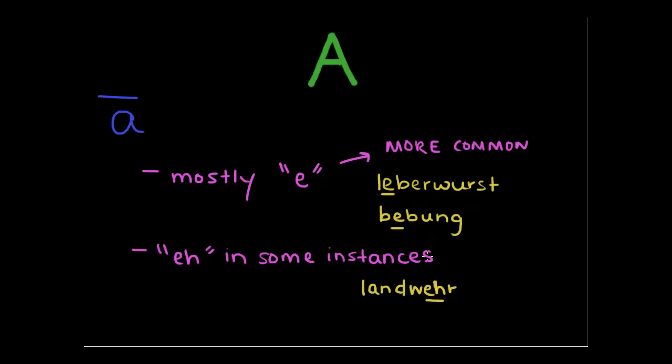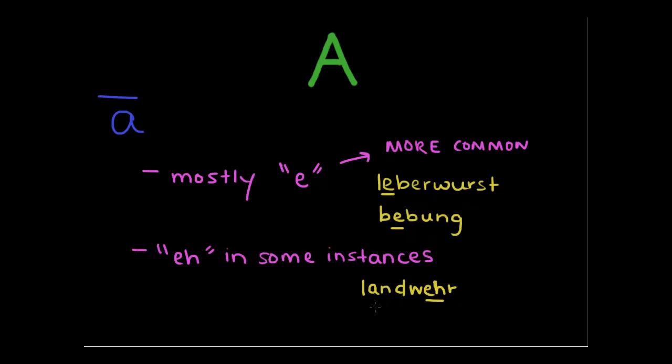Once you spend a lot of time with German words, you develop that sense of intuition if something looks right or wrong, and that's really helpful in trying to figure out if it's an E or an EH or other examples as well. That's going to help a lot. So once you spend time with the words, that'll eventually come. So yeah, EH looks right there, so we can use it, and that's how it's spelled.